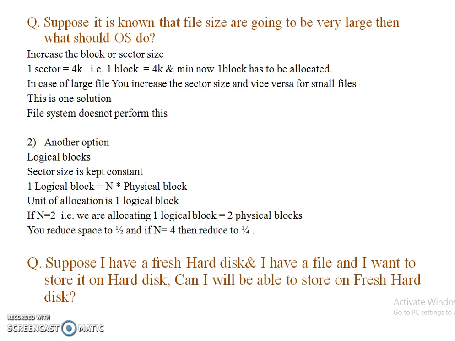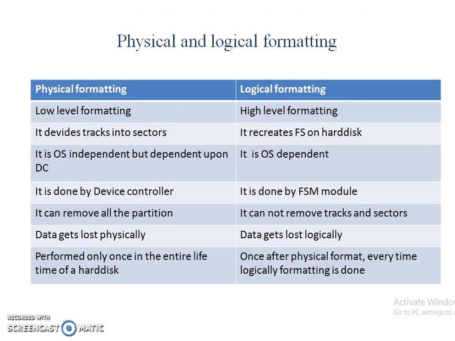So there are two types of formatting we have discussed, that is low level formatting or high level formatting. We can say physical formatting or logical formatting. While formatting, on every sector a pre-decided data is written.